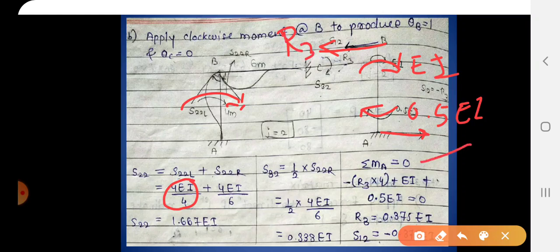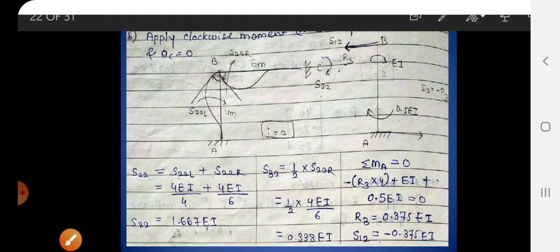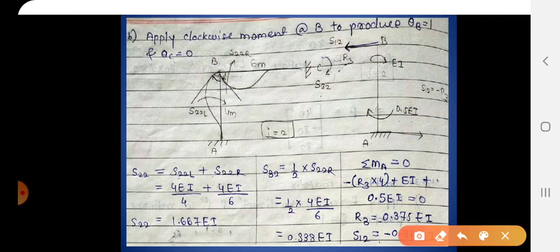Therefore, by summation MA equal to 0, you can find the value of R3. But we have considered delta as positive, which is in the right direction. Therefore S12 will be equal to minus R3.